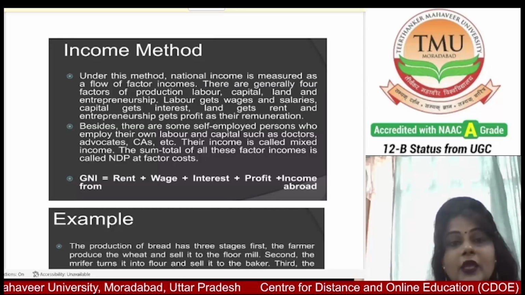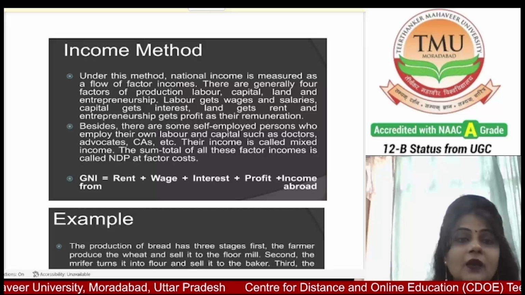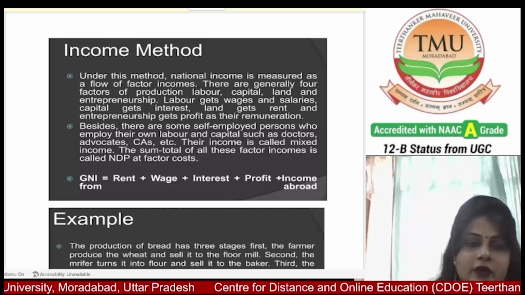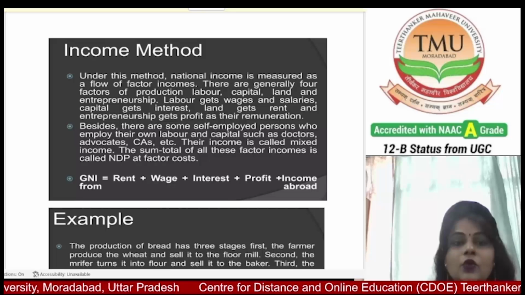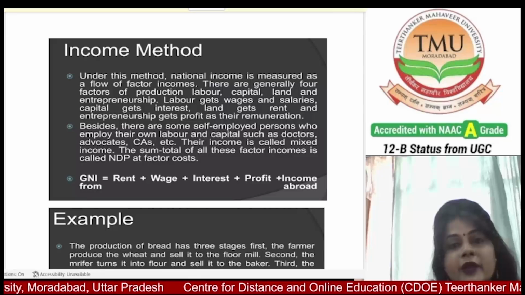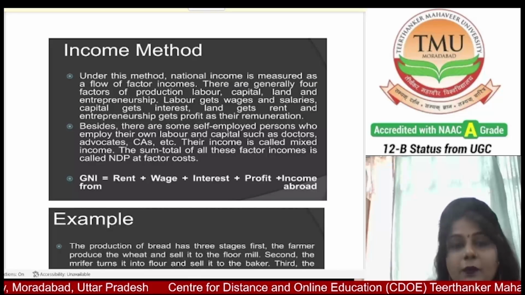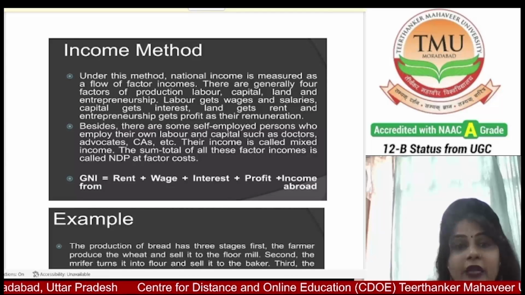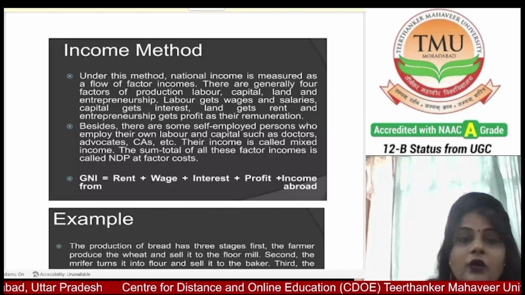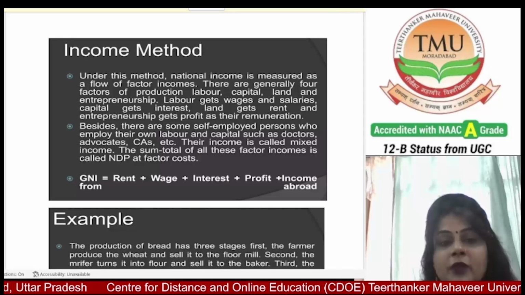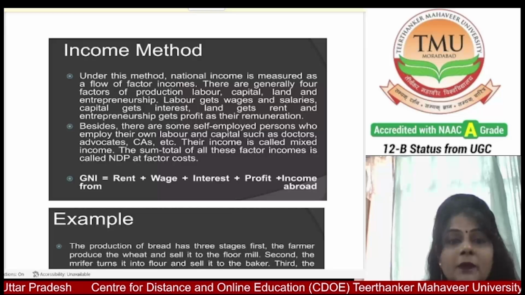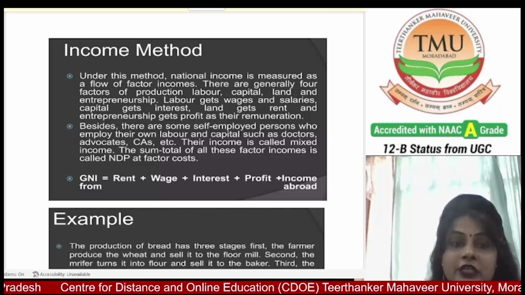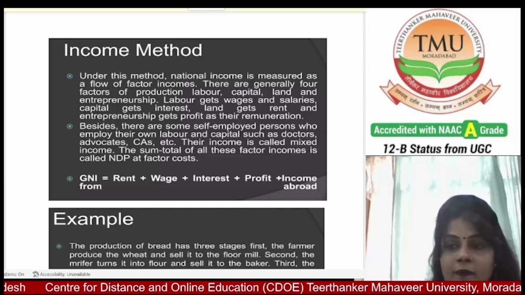In other words, under the income method, all incomes of the factors of production through rent, wages, profits, interest, etc., are added up together for the determination of national income. This method is also widely known as the factor payment method or distributive share method. The total of all income earned by factors of production within the domestic territory of a nation is known as domestic income.